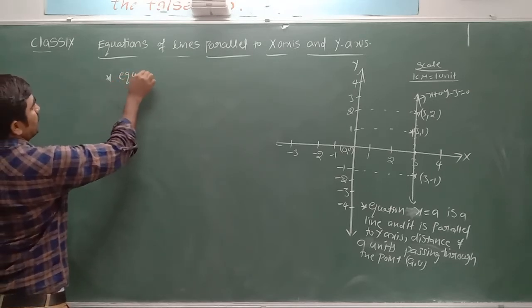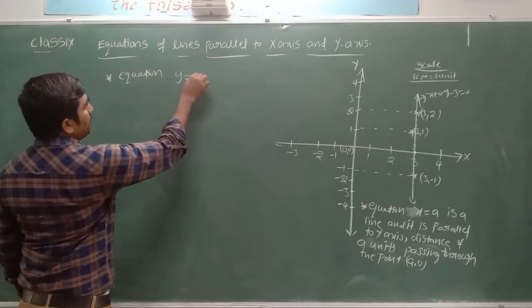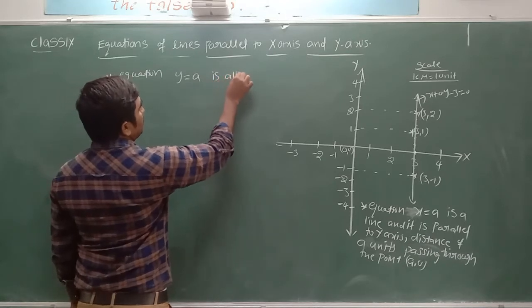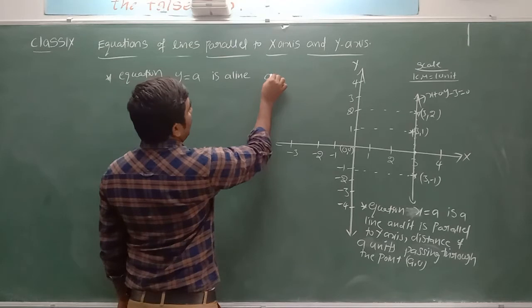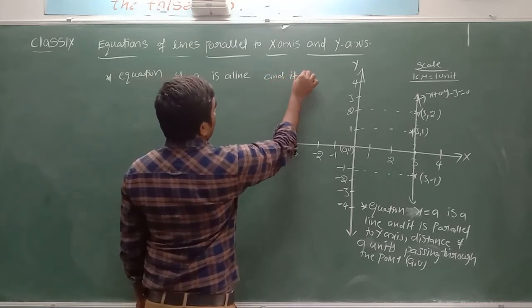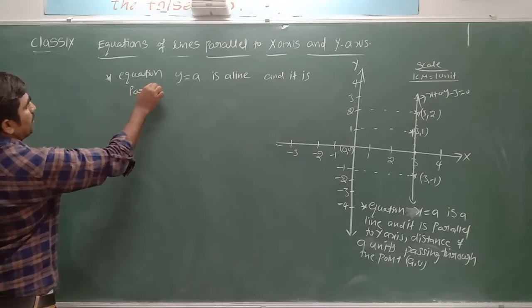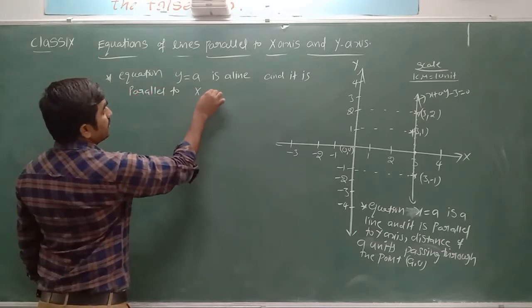The equation y is equal to a is a line. It is parallel to which axis? It is parallel to the x axis.